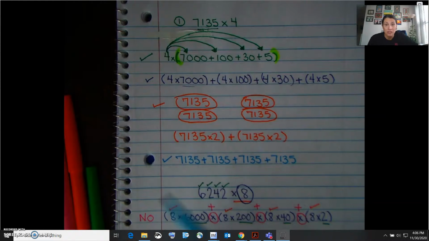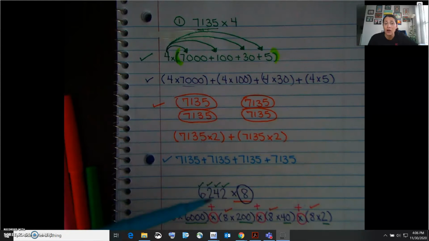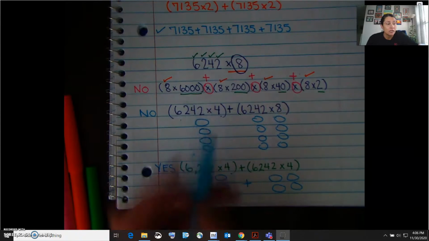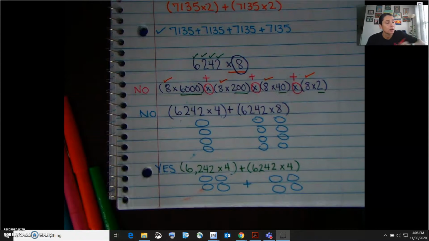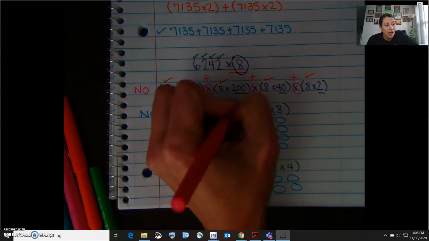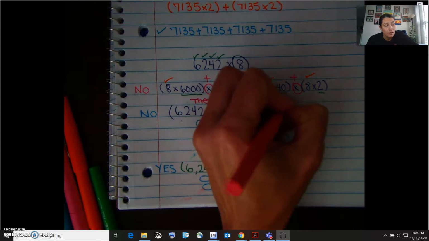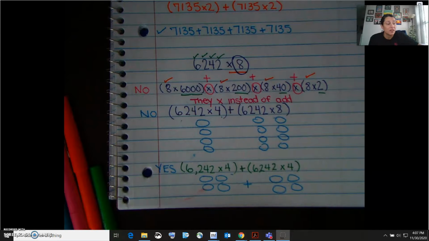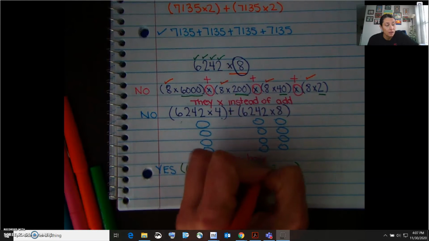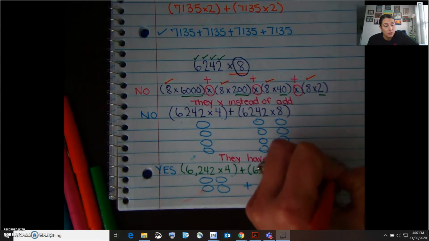And this is not the first time we've seen this, but it's been a while since we've had to expand and kind of compare if they all equal. And we have to be able to tell why. Like this one, this reason would be they multiplied instead of add. This is why that is not true. This one is they have too many groups.